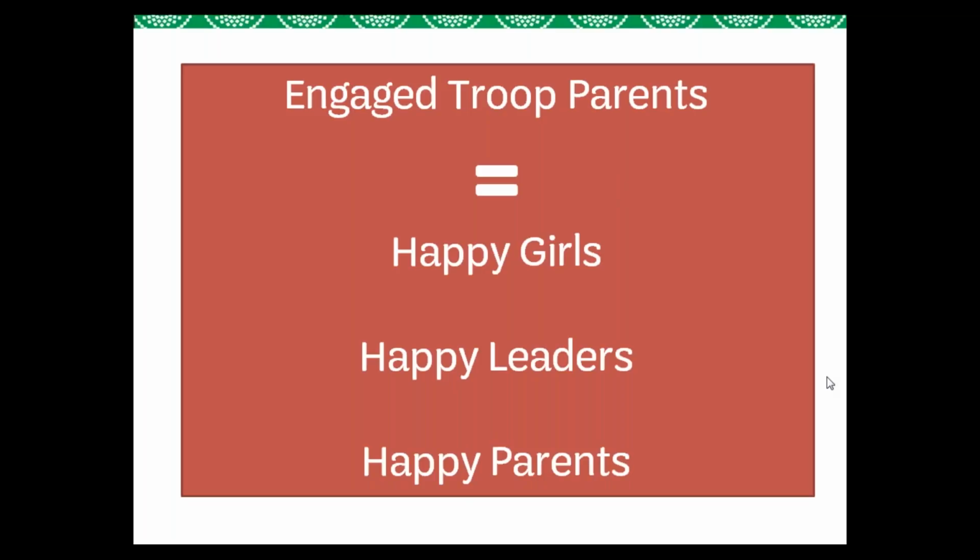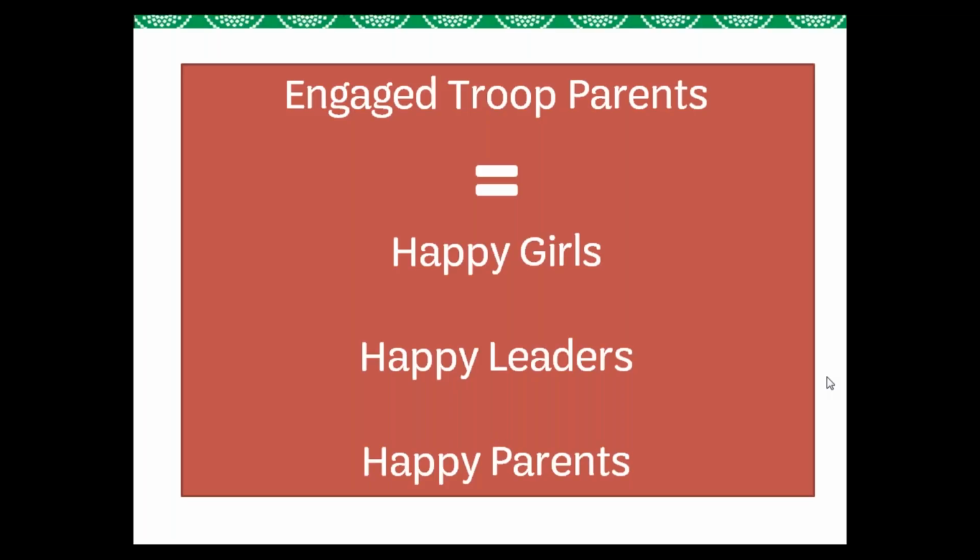So I want to point out that there are also many levels of engagement. Maybe you want to have your parents help you with more of the troop duties and tasks, like buying supplies or putting together crafts or securing speakers or organizing trips. That's great. We can help you hopefully get some of your parents to help with that.